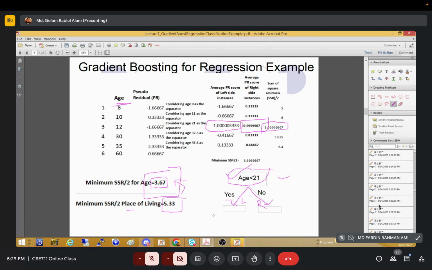So this is the prediction for the left side, and this is the prediction for the right side.